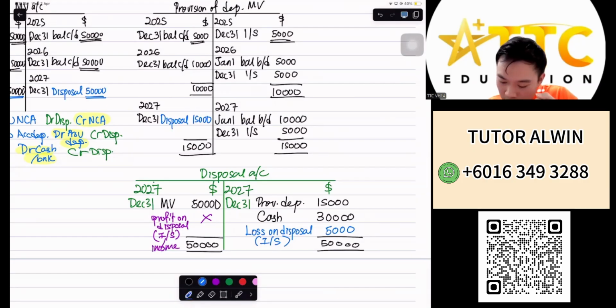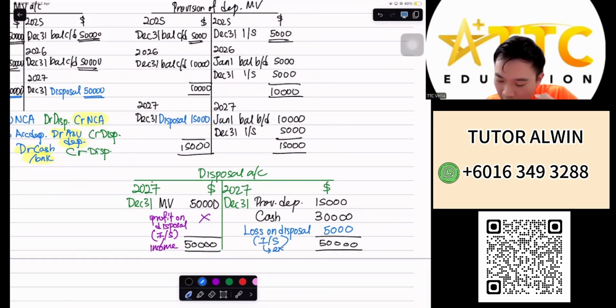If for loss on disposal, that will be an expense. So this is how we do it. How to know which one is profit, which one is loss? Okay, we know we have a P and L account, profit and loss. Always profit will be on the left side, loss will be on the right side. Therefore, for this disposal account, profit is on the left side, losses will be on the right side. That's how you can remember it.